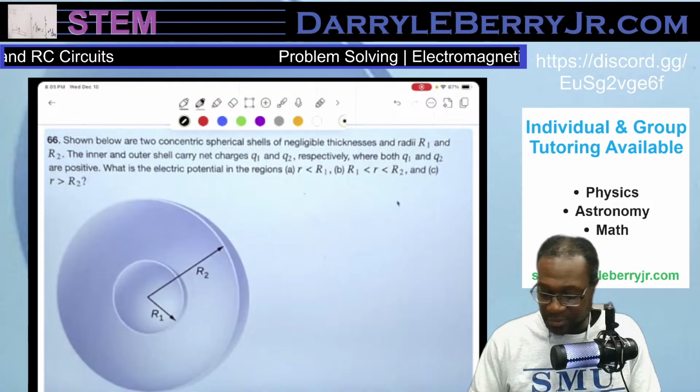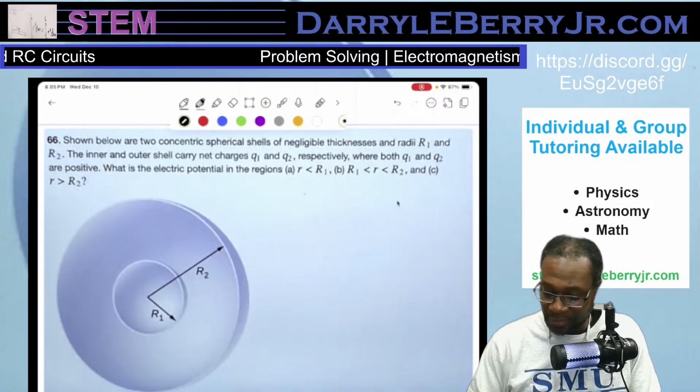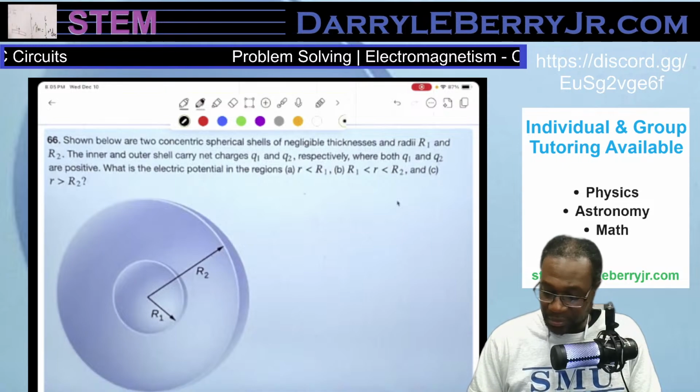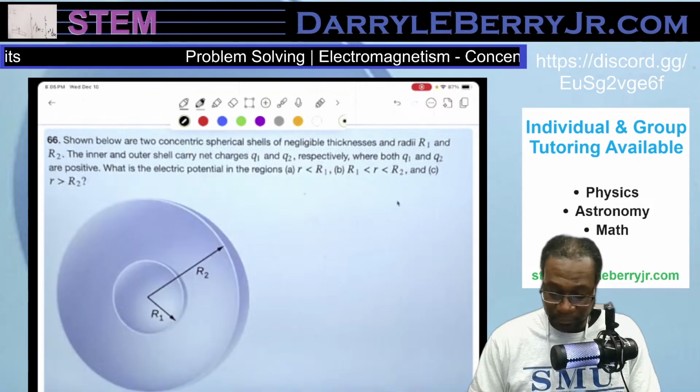So from the center of the first sphere to the edge of the first sphere is R1. From the center of the first sphere to the edge of the second sphere is R2. The inner and outer shells carry net charges Q1 and Q2, respectively, where both Q1 and Q2 are positive. What is the electric potential in the regions?